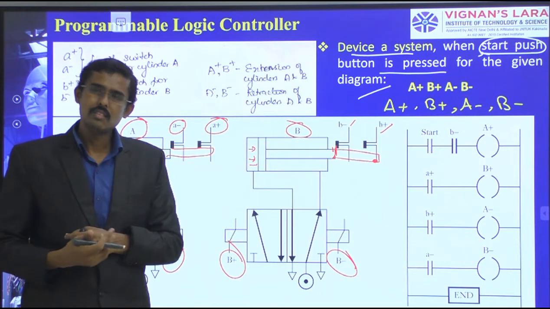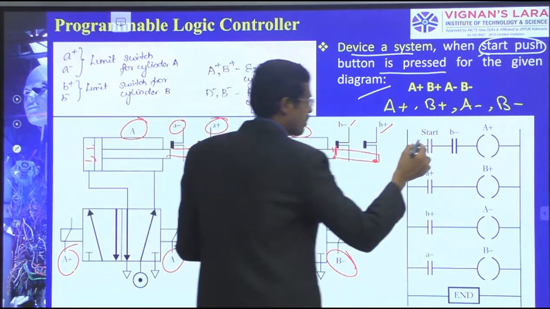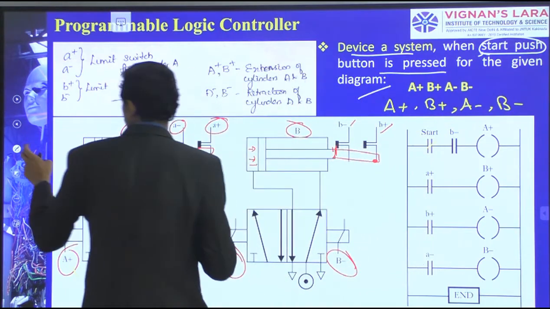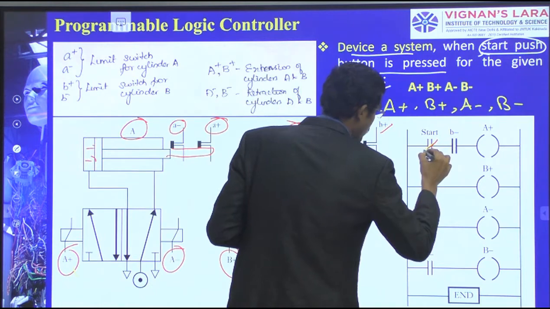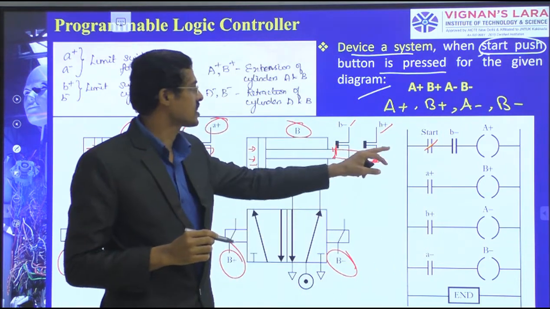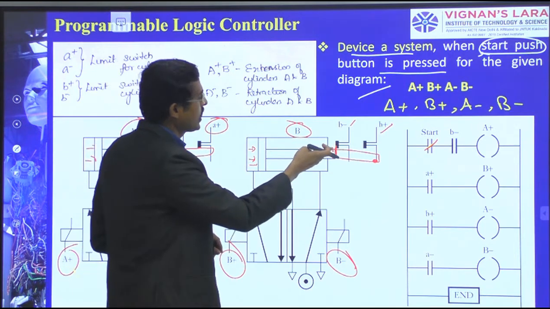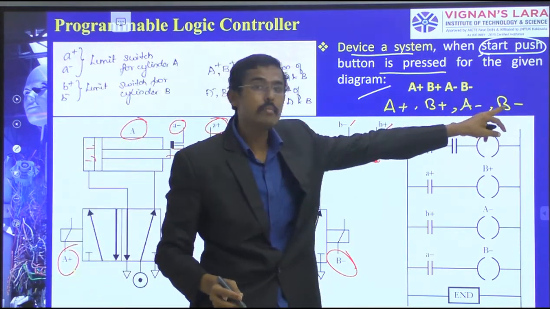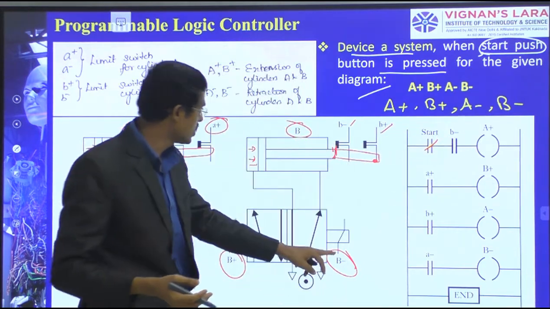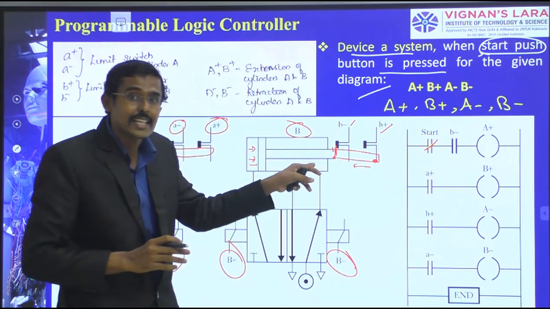This combination we should do now. You see, first I have started. When it is started, at the initial condition, because we operated B minus at last, when B minus is operated, the piston is going to come here and it is the last condition.